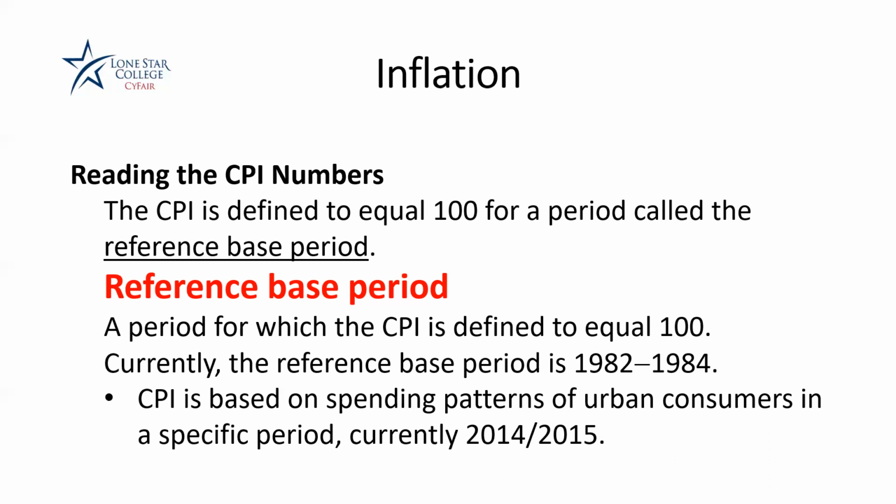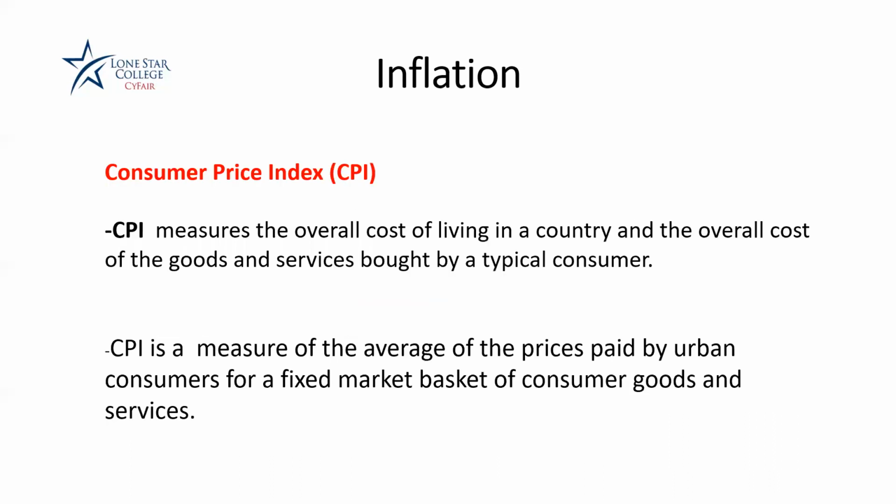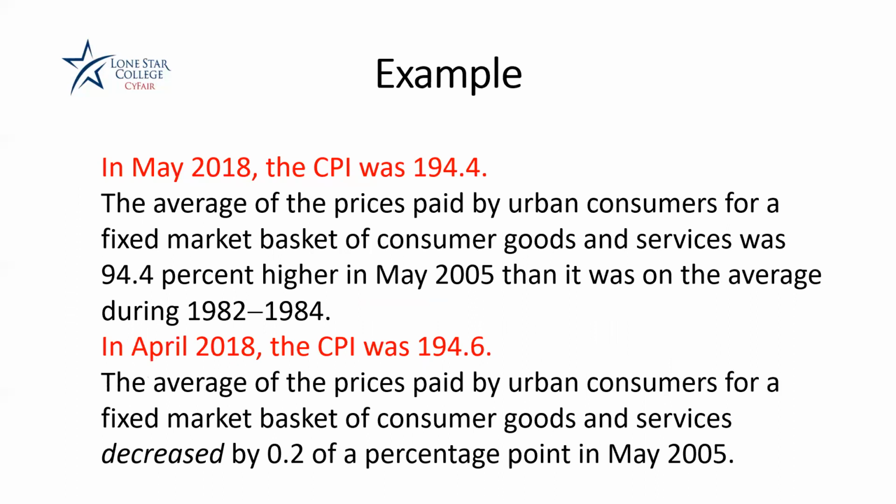So this is the consumer price index. All right, I put some examples for you here. This is how we can use that 100 for the CPI of the base period. So let's say the CPI in May 2018 was 194.4.